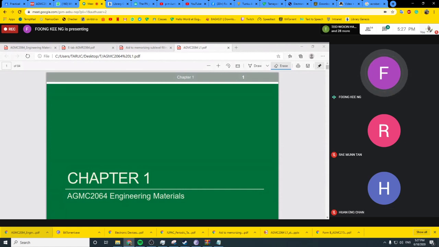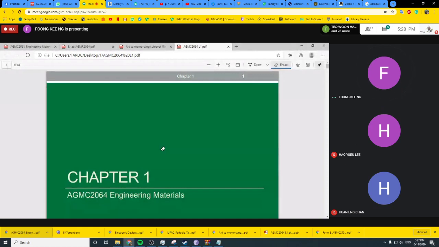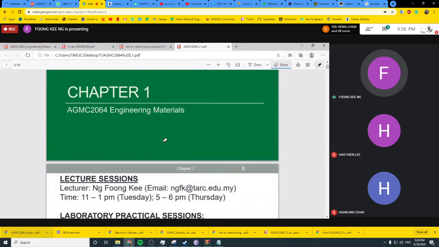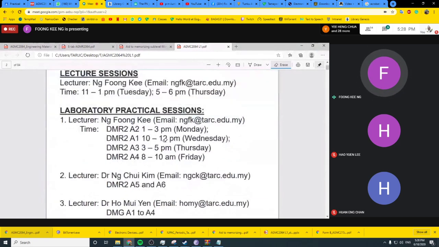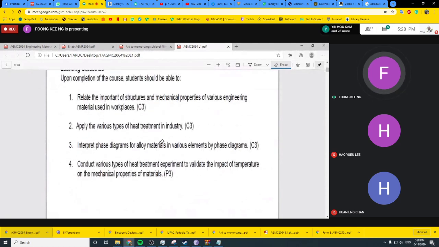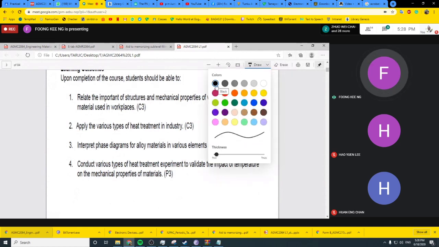All right, so let's look at the lecture. Now this paper here is mainly description. As I told you earlier on, you're going to have 4 questions in the final exam to answer based on these 3 learning outcomes. The fourth one is on the practical.